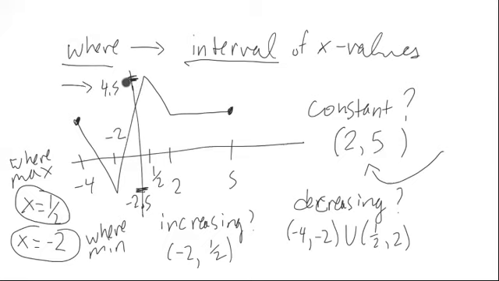What is the minimum? -2.5. Where? -2. So what is code word for y, and where is code word for x.